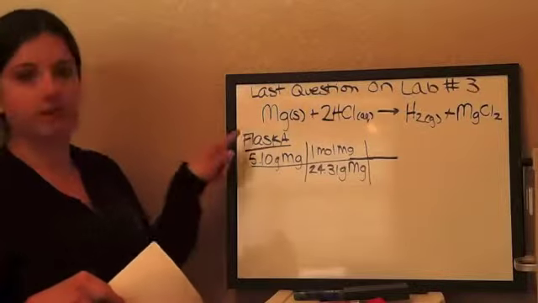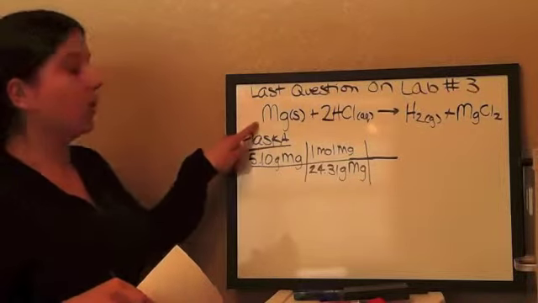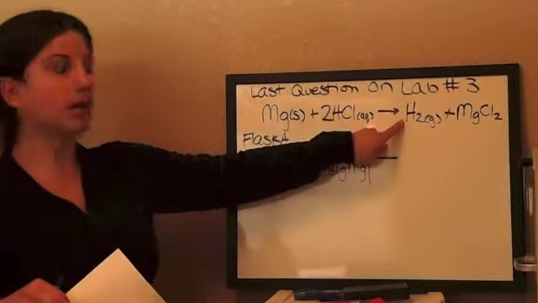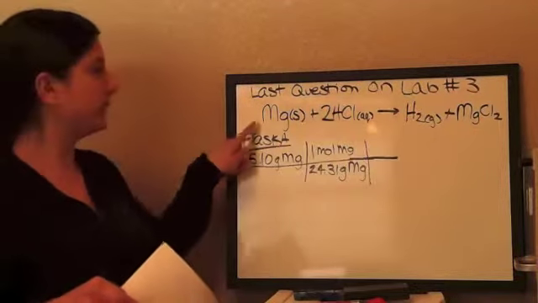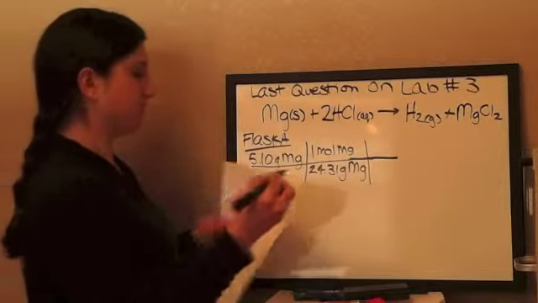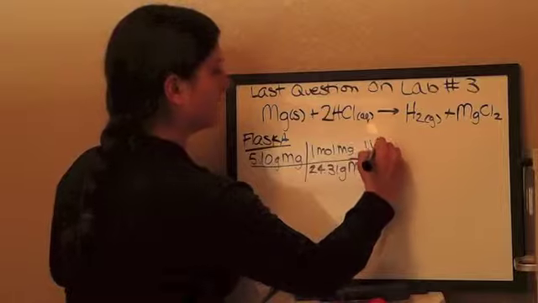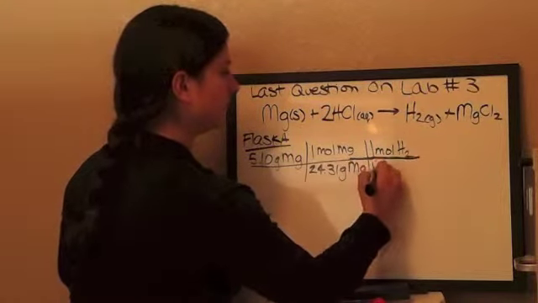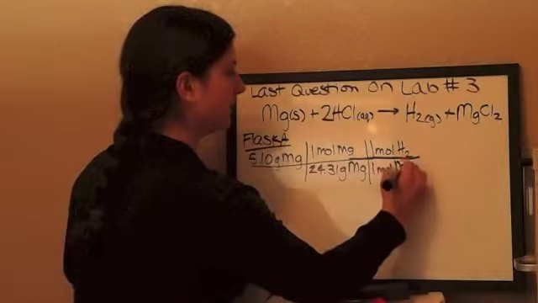If you look at the front of this equation, there's a 1 right here, so there's 1 mole of magnesium for 1 mole of hydrogen gas. So we're going to put that in our equation: 1 mole of hydrogen for every 1 mole of magnesium.